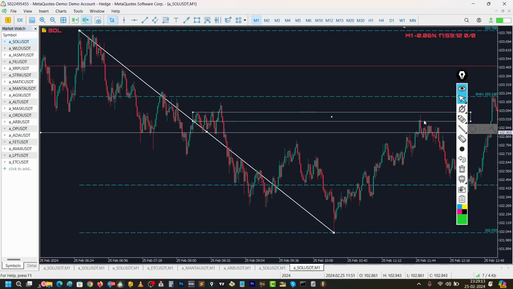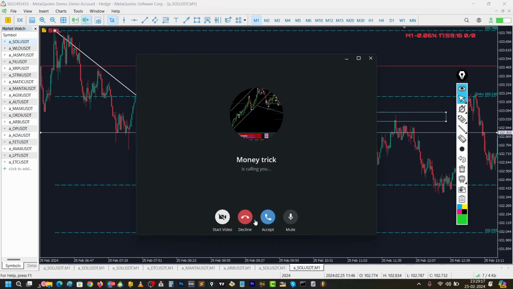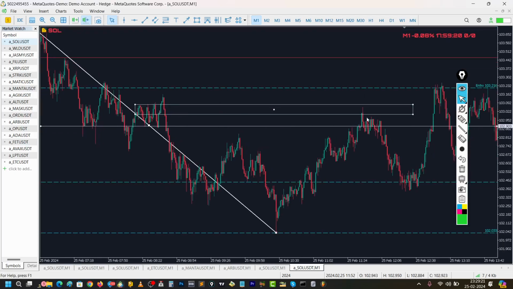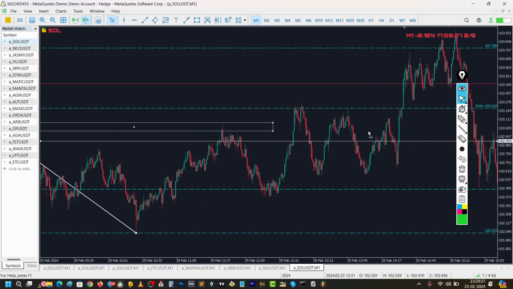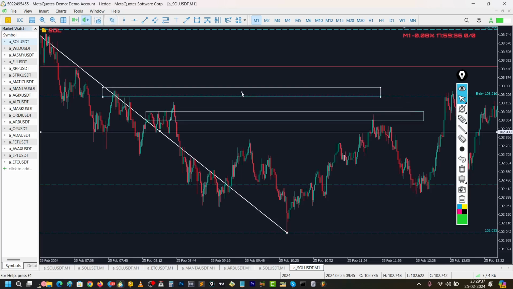So here you can see price came, and it easily gave you a little bit of a target like this. After that price reversed. So your risk reward in this case: if this is the liquidity where you are going to sell and you are going to target, then this high should be your stop loss.